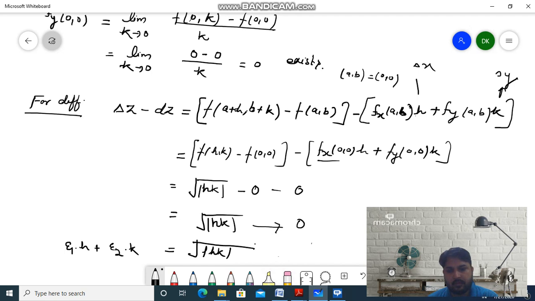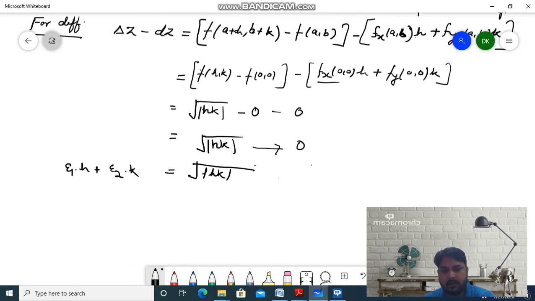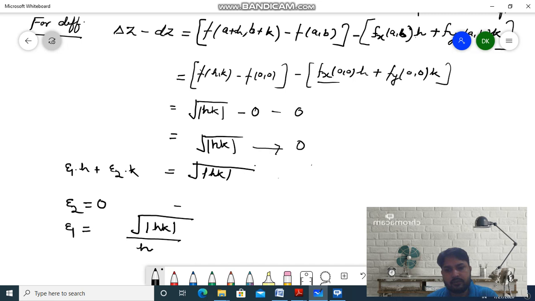Now from here we can compare it. If we take epsilon 2 equal to 0 function, then epsilon 1 will be equal to square root of mod h into k upon h. Now epsilon 2 is the 0 function, so it always tends to 0 for all h and k, so it goes to 0 as (h, k) tends to (0, 0).